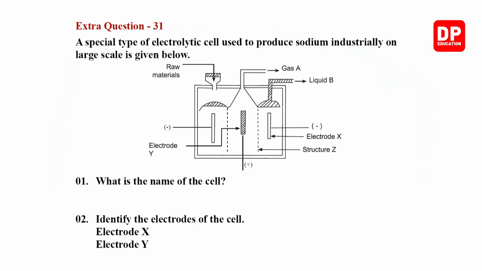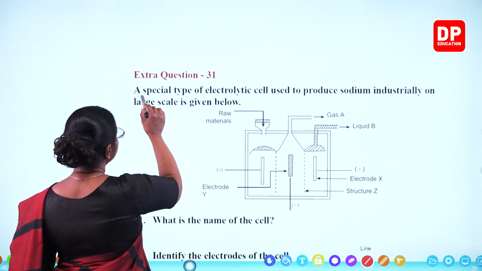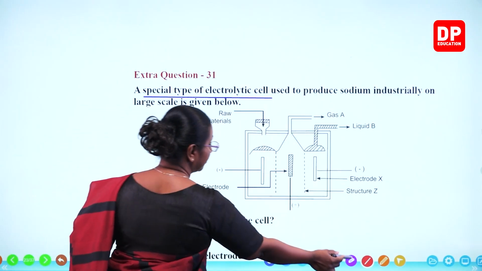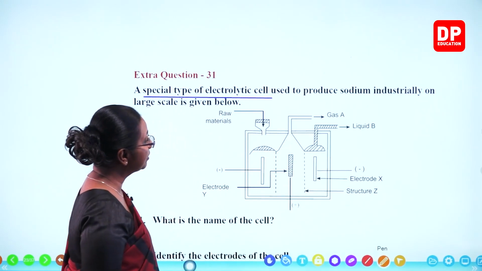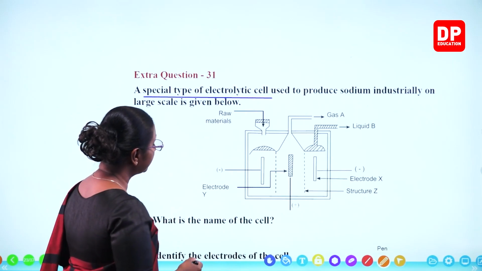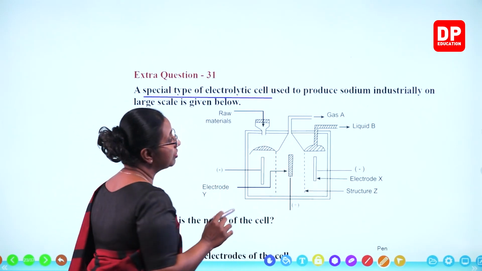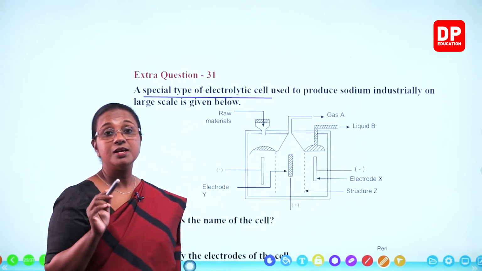Extra question 31. A special type of electrolytic cell used to produce sodium industrially on large scale is given below. So this is a special type of electrolytic cell. If you look at the cell, I'm sure you will be able to identify the components. So here this is the cell, you all know it is called the Downs cell.